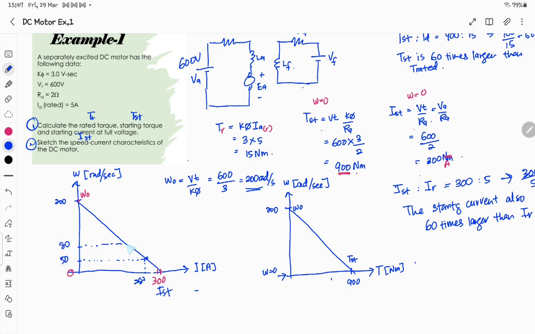At 80, it starts to reduce the starting current more, maybe like 250 ampere, until it reaches a certain speed and current. So meaning of this rated current, you can draw one maybe here. Let's say this is 5 ampere scale. So at this point, this is the motor speed, omega.